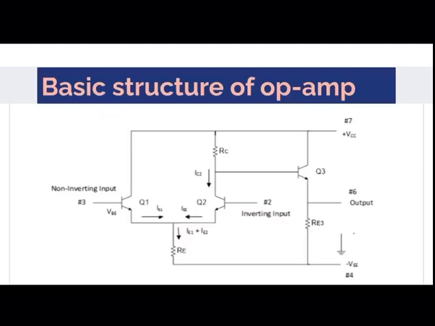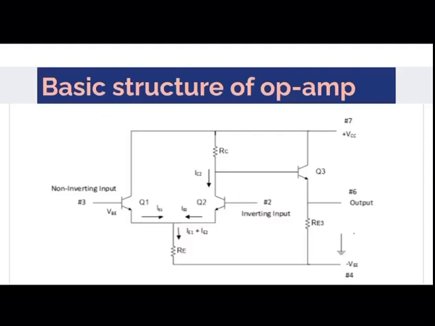In this diagram, assume the transistors Q1 and Q2 are matched transistors so that they have equal VBE levels and equal current gains. If both transistor base terminals are connected to the ground, then the emitter currents IE1 and IE2 are equal, and both IE1 and IE2 flow through the common resistor RE.